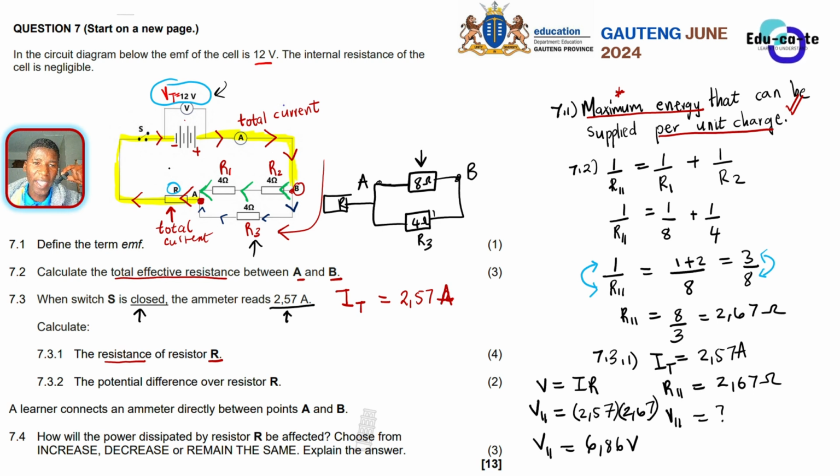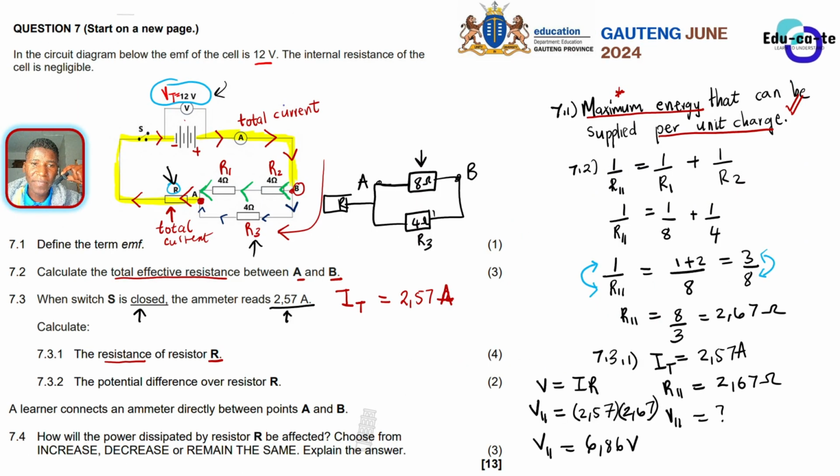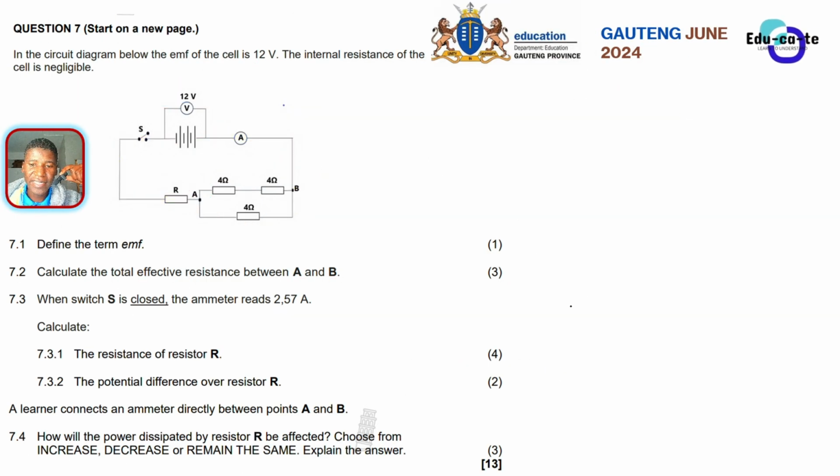And if we combine it with the voltage of resistor R, we will get the total voltage. So the voltage across the series combination plus the voltage across the parallel combination must give us the total voltage.